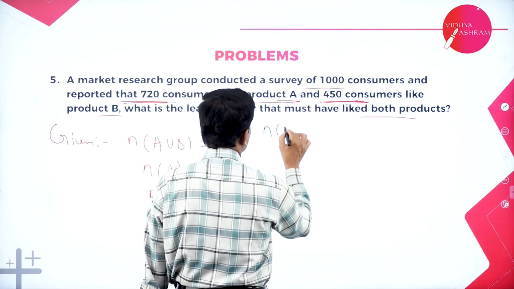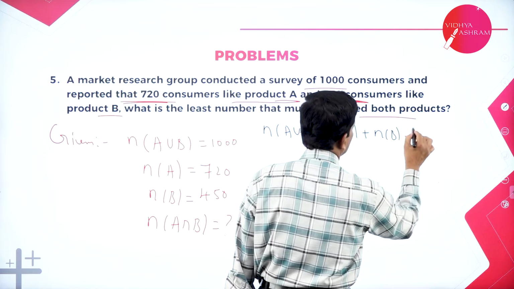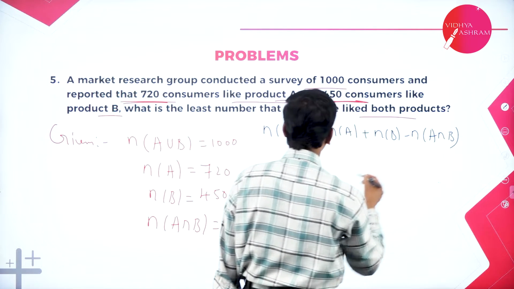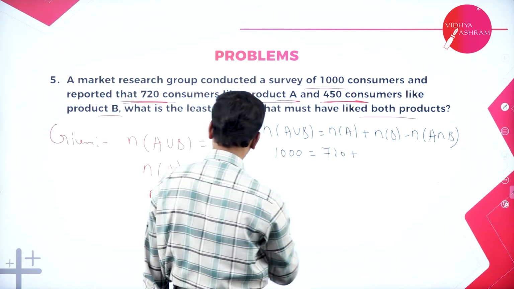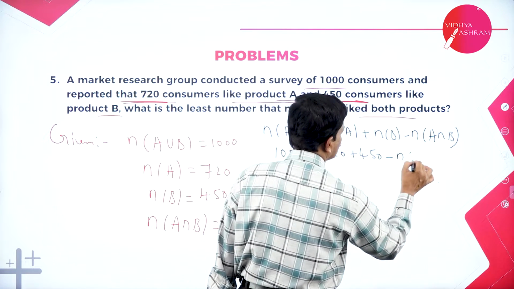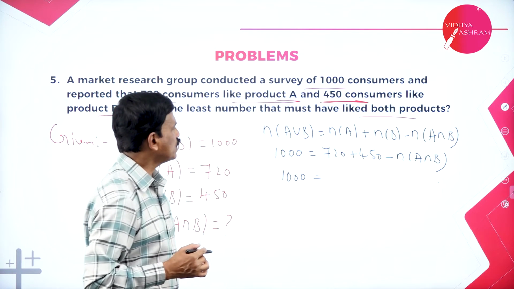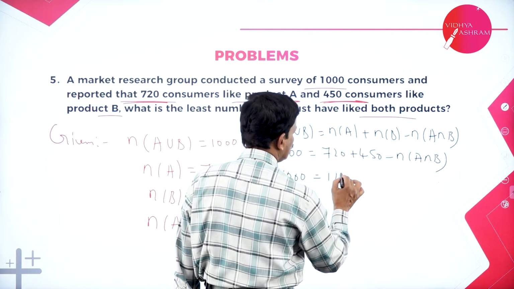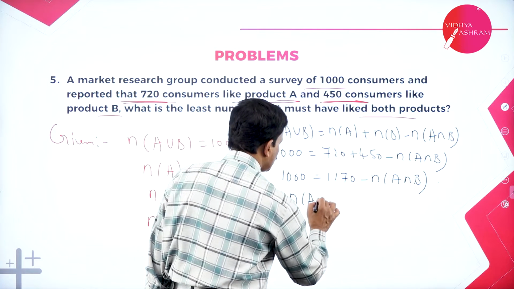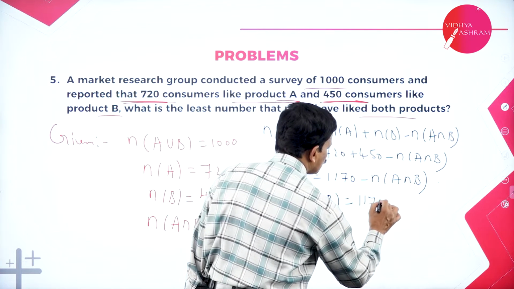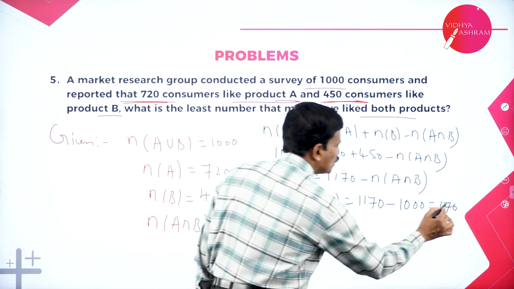Now, we know the formula n of A union B is equal to n of A plus n of B minus n of A intersection B. Now, A union B is 1000, so 1000 is equal to 720 plus 450 minus n of A intersection B. 720 plus 450 is nothing but 1170 minus n of A intersection B. Transfer this. n of A intersection B is equal to 1170 minus 1000, that's equal to 170.